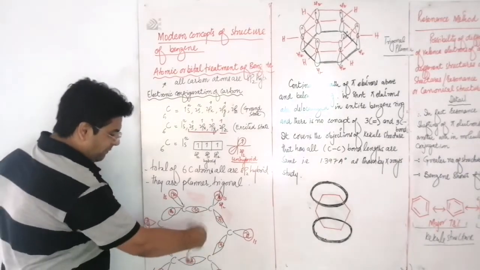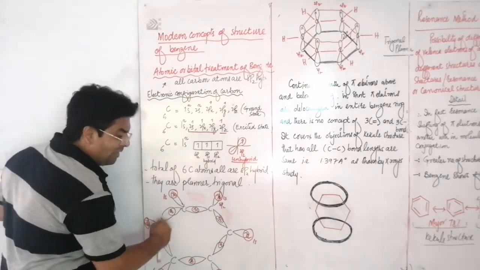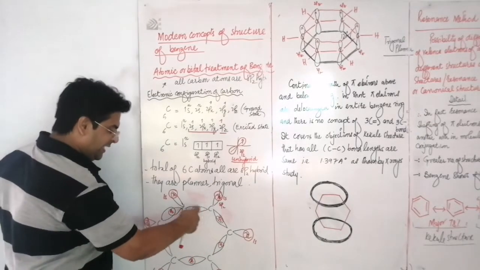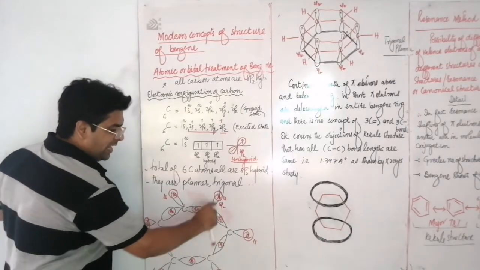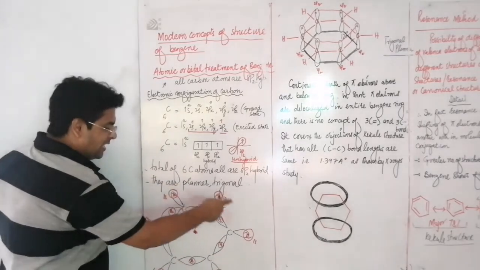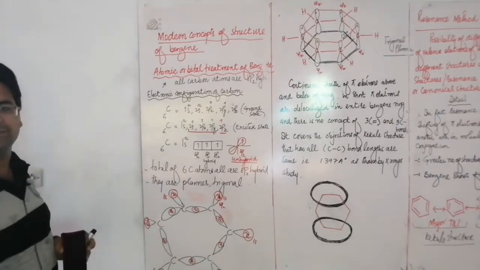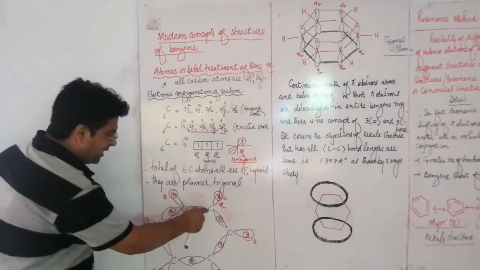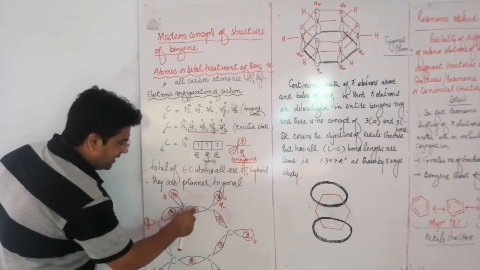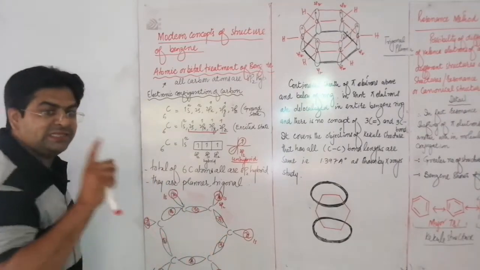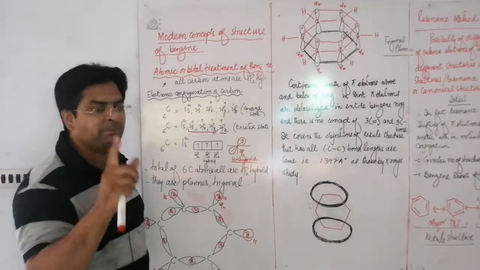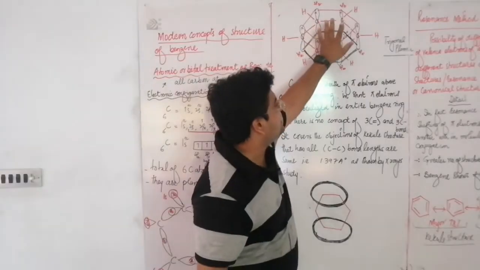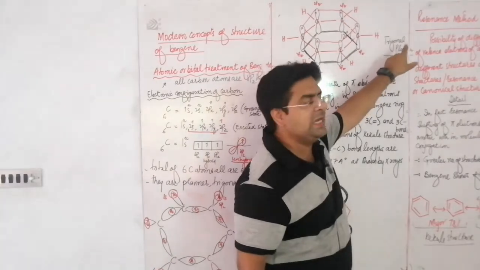In fact, in benzene there are 12 sigma bonds: 6 sigma bonds inside the ring and 6 sigma bonds outside the ring with hydrogen atoms. As all carbon atoms are triangular planar, they exist in the same plane.